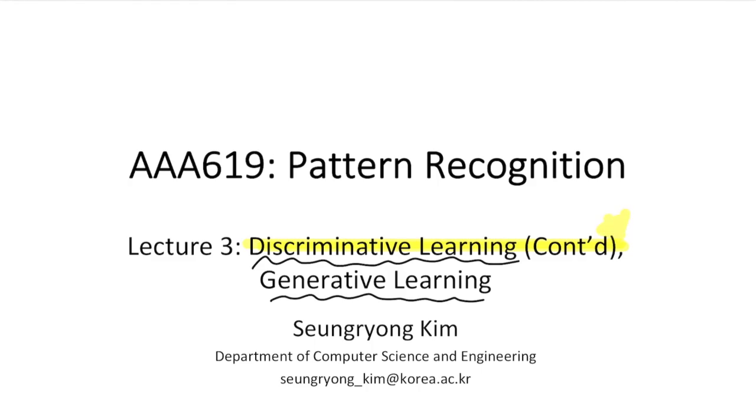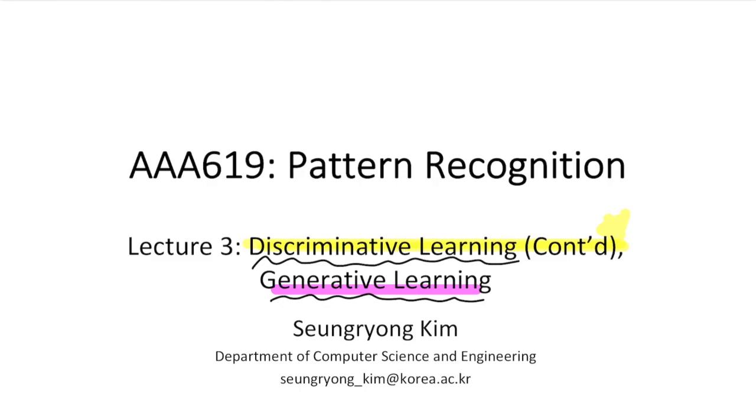In fact, recently many methods are also based on generative learning in deep neural networks, but most conventional deep neural networks are based on discriminative learning. So in this lecture, we will study discriminative learning more than generative learning.